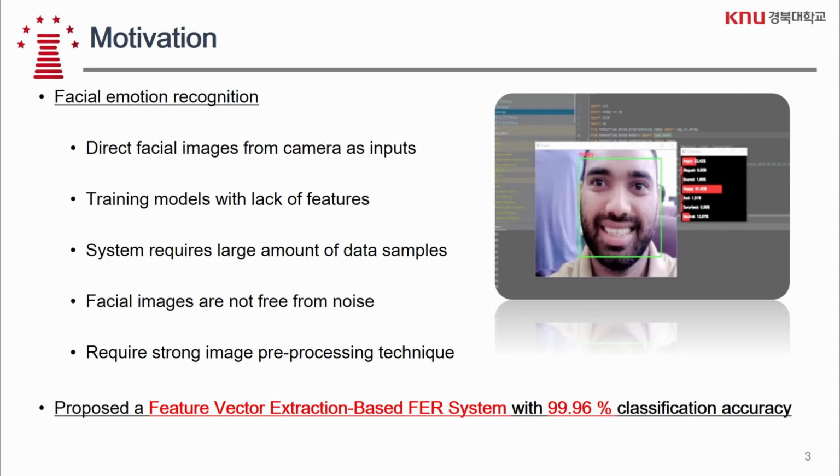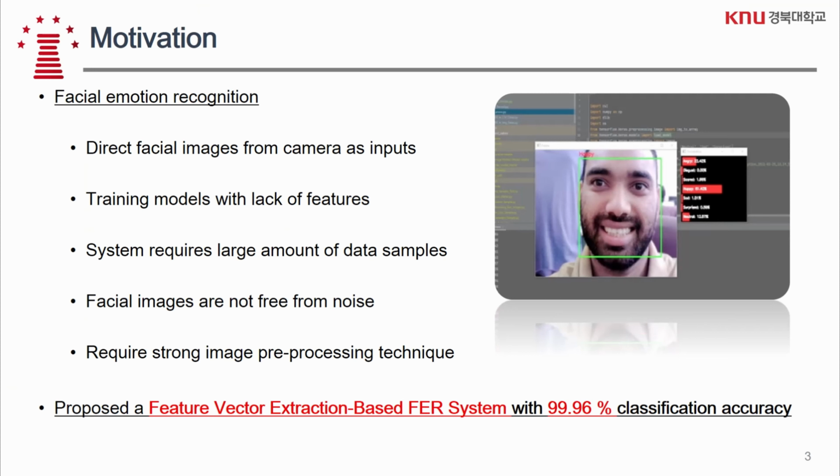So when we start with our facial emotion recognition, the conventional existing systems use direct facial images from the camera as their input and train the model and classify the emotions. When we consider the existing systems, the training models with raw images have a lack of features, and the model faces some difficulties during classification. Also, the system requires a large amount of data samples for training.